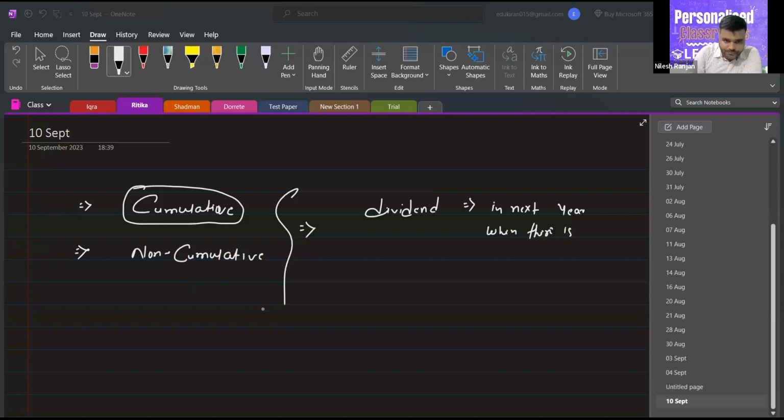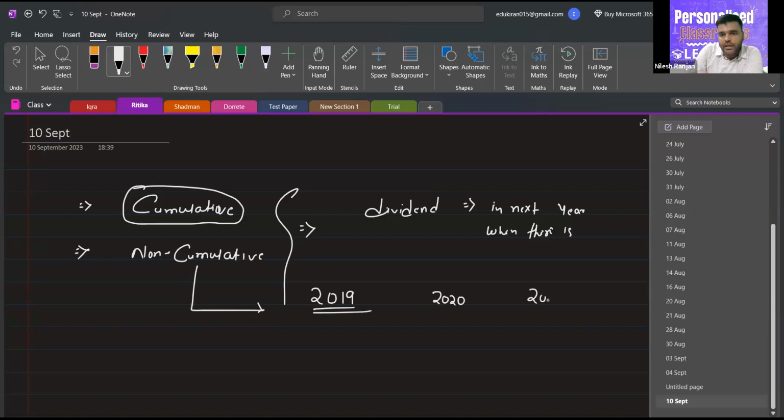Means, let's say I have not paid you any dividend, you are a shareholder of my company, and I have not paid you any dividend in 2019. Okay, there is no dividend. So in 2020 you will get dividend of 2020, or you will get dividend of 2020 and 2019 both?